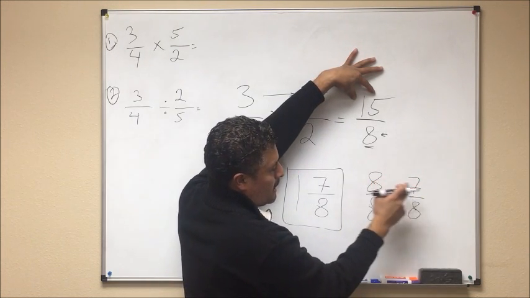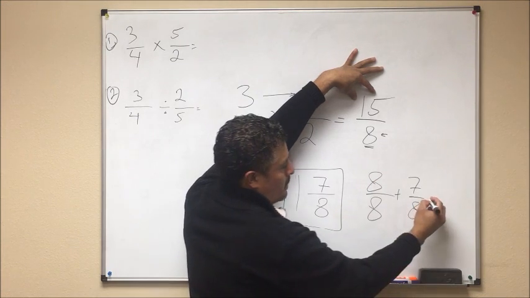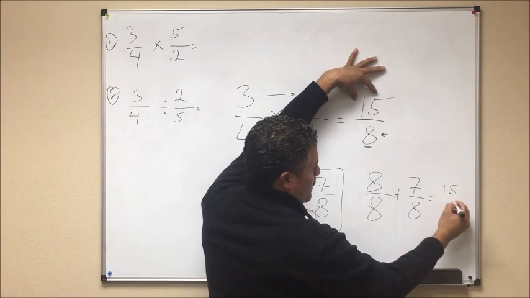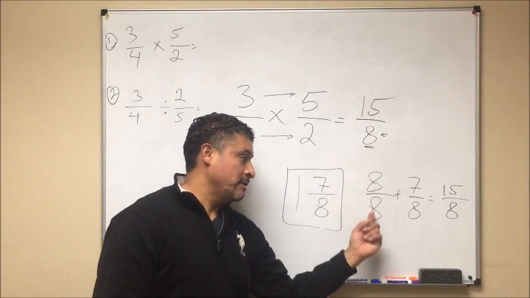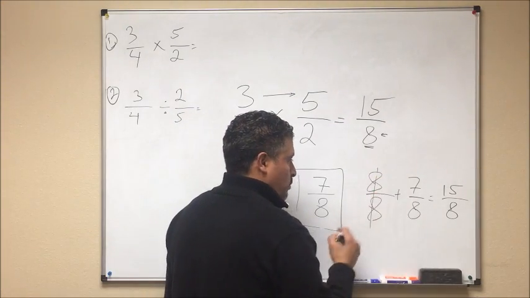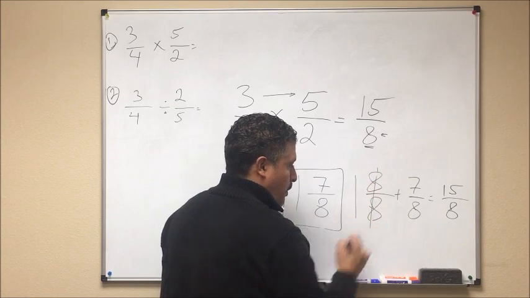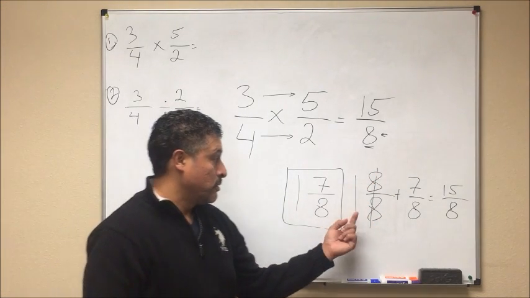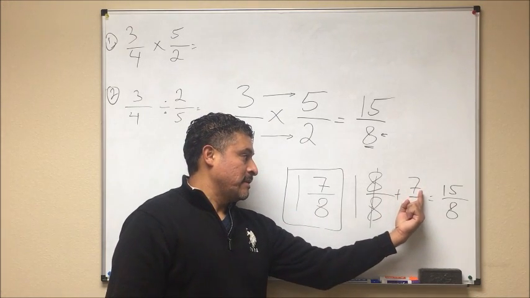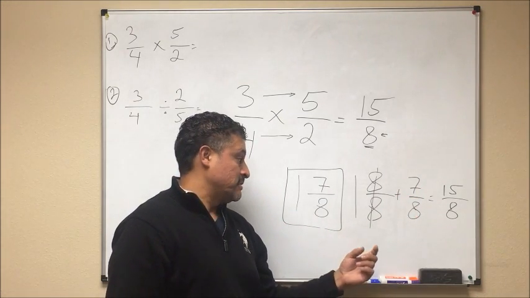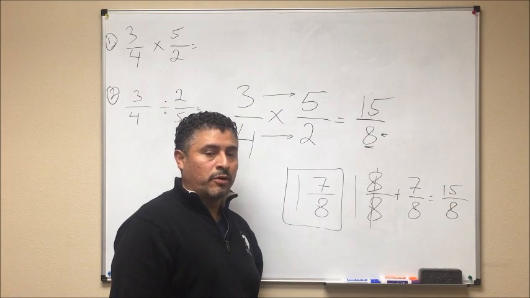Do you agree that 8 and 7 are equal to 15/8? And do you agree that 8 divided by 8 becomes 1 whole? So this one transfers over here, but you have 7/8 remaining, so you just put it over here.